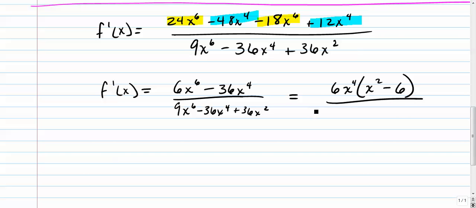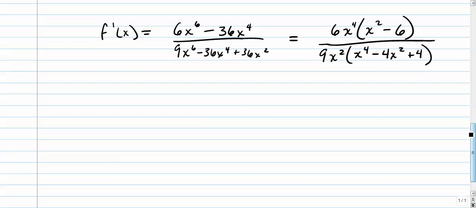And in the bottom, we can also take like terms out. 9x squared. Those are your common factors. When you divide that, we get x to the 4th minus 4x squared plus 4. Yeah, that works. Is there anything else we can do?